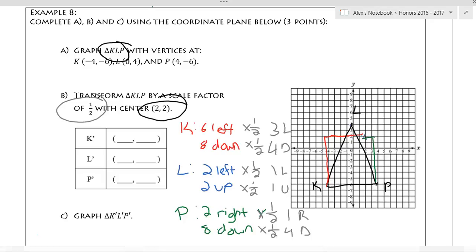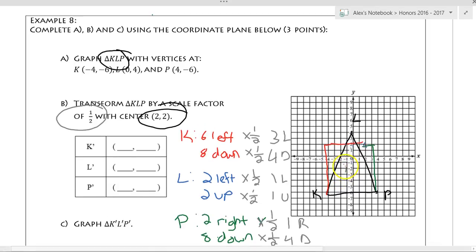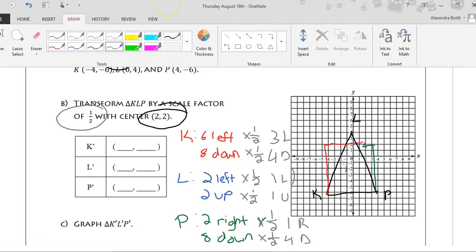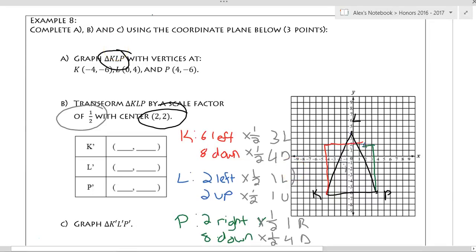So K prime is from the center 3 left, 1, 2, 3, 4 down. It's right about here. That's K prime. L prime, from that point, 1 left, 1 up. Here. L prime.